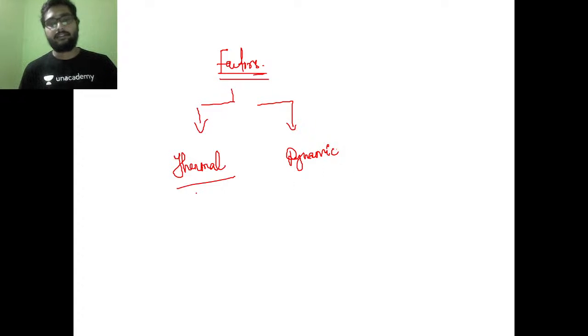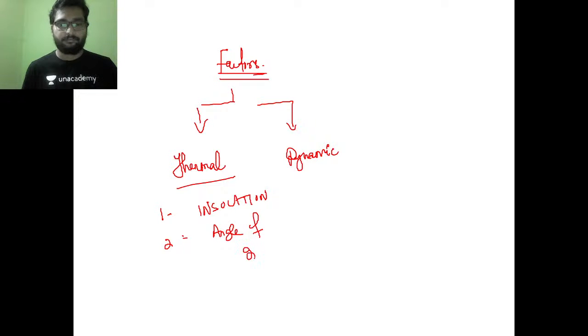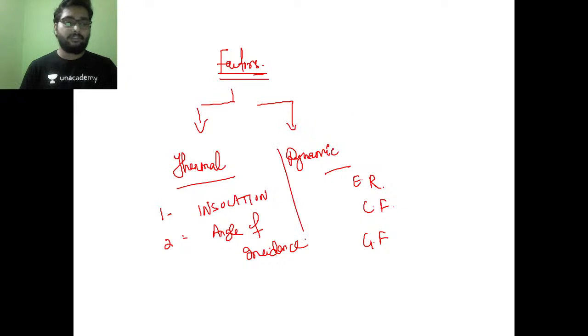In the thermal factor, there are two things: one is the amount of insolation and the second one is the angle of incidence. In dynamic factor, the first is the rotation of the earth, the second is the Coriolis effect, and the third is the geostrophic force. We'll discuss all these factors one by one.